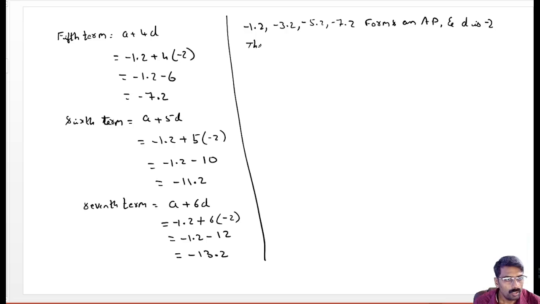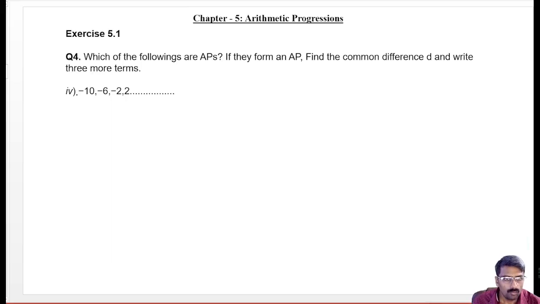Then the next three terms are minus 7.2 comma minus 11.2 comma minus 13.2. This would be our final answer. We would move on to the next sub question.